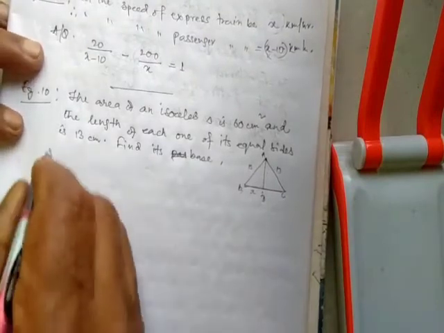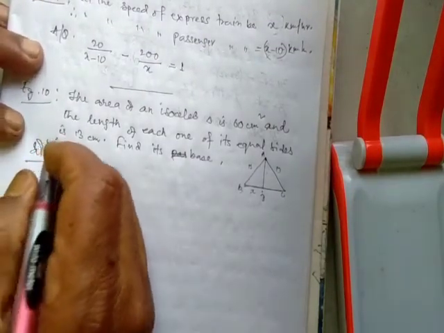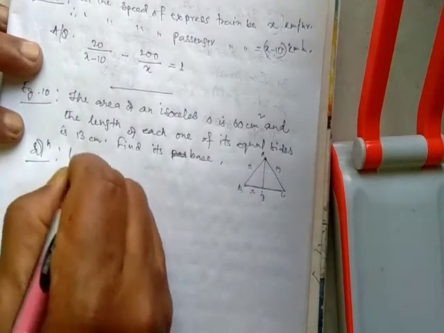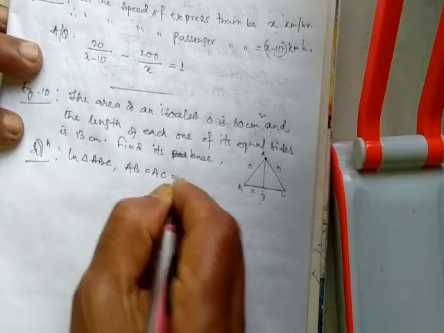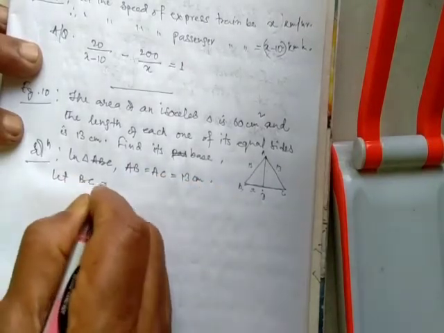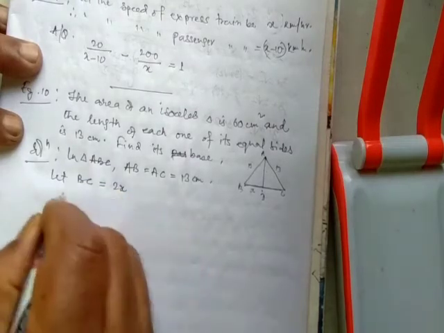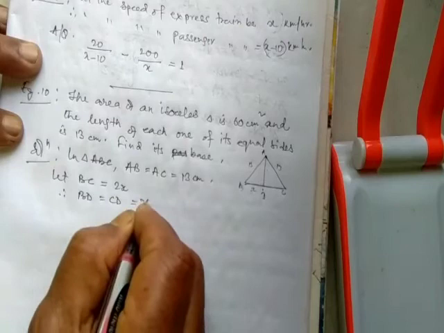Now see the solution. In triangle ABC, AB is equal to AC is equal to 13 centimeter. Let BC be equal to 2x. Therefore, BD is equal to CD is equal to x.